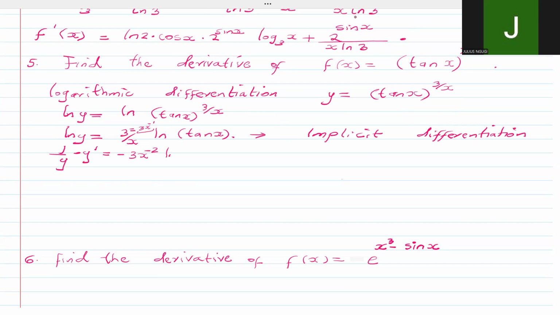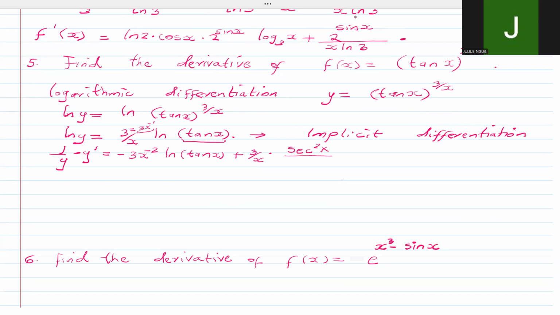Then attach natural log of tangent of x using the product rule technique, plus the way it was, 3 over x. Then you multiply by the derivative of natural log of tangent of x. And as we know, it's just the derivative of the function, and the derivative of tangent of x is secant squared of x, as we said in class.